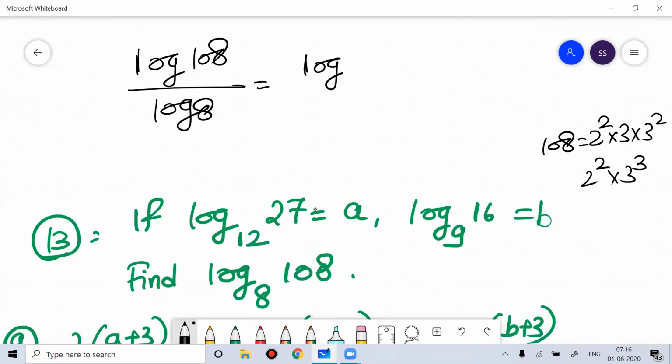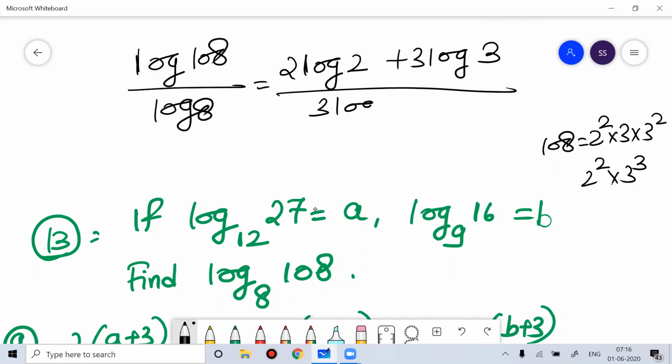This is 2 log 2 plus 3 log 3 divided by 3 log 2. So this you have to find.